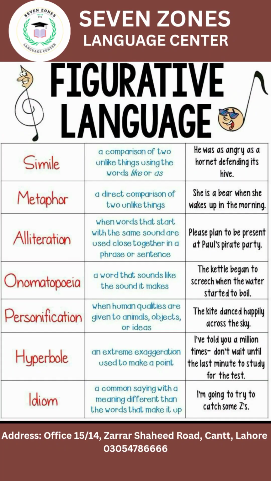For example, you're saying the leaves danced happily, or the leaves were waving at me. The leaves can't wave. Waving is something that humans are supposed to do. Waving is an active verb, and when it is attributed to the leaves, which are non-human, we can call it personification.